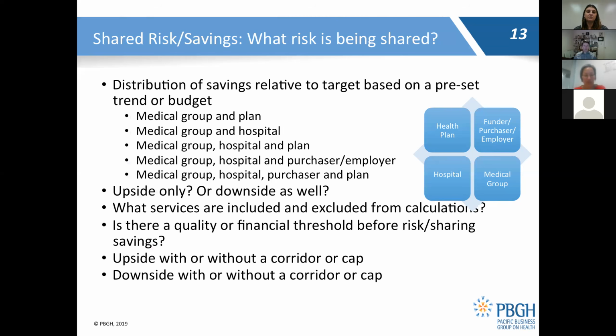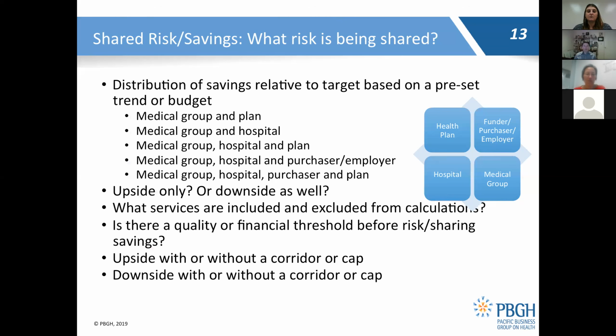One of the other components around shared risk and shared savings is the extent to which there are requirements to meet quality or financial thresholds. In some cases, a group may moderate trend but still not meet some of those thresholds, in which case it feels like a penalty because there is a set of dollars on the table that a provider group or hospital doesn't have access to because they haven't met the targets.